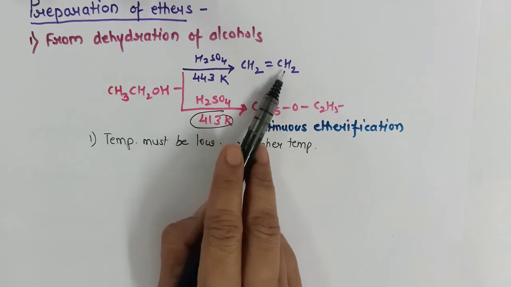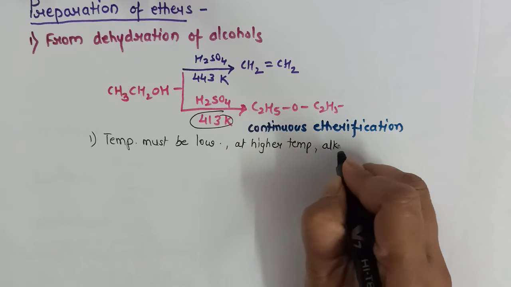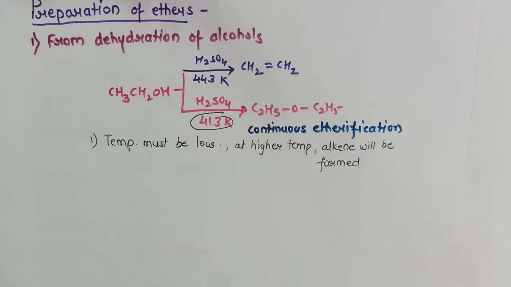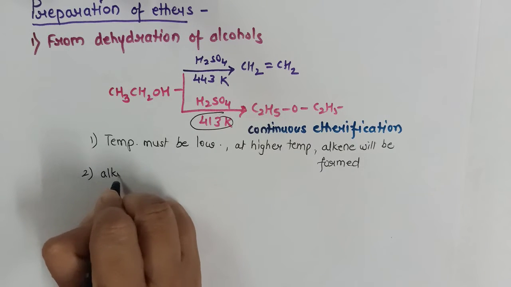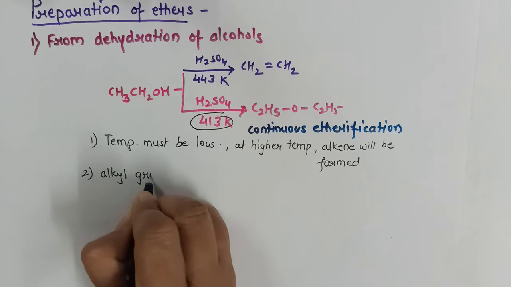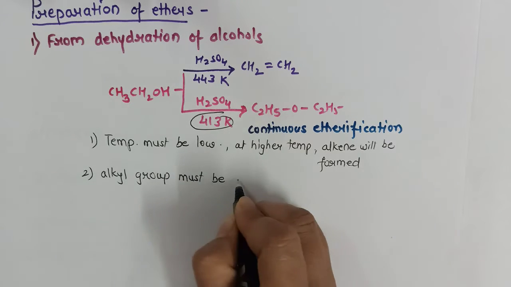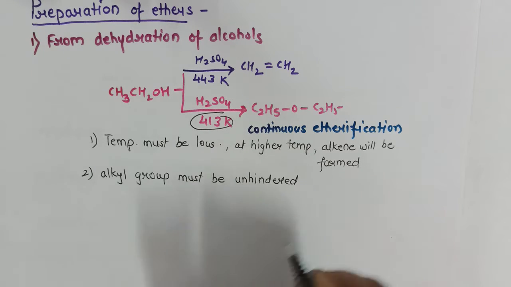The reaction will follow this path and alkene will be formed. The second condition is that the alkyl group must be unhindered. There should not be any steric hindrance.